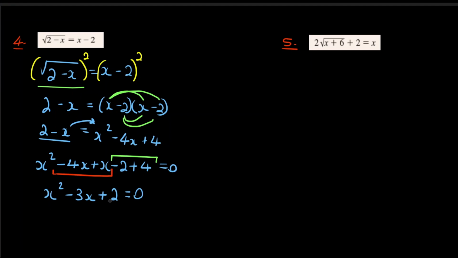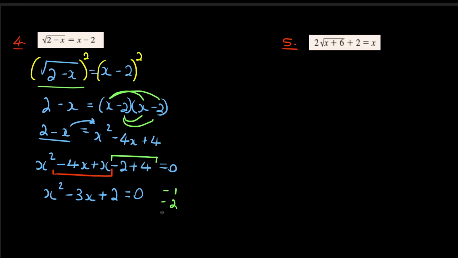Now we need to find the factors of 2 that you add or subtract to give negative 3, or multiply to give 2. Remember in the previous questions I said you must list the factors. The factors of 2 are 1 and 2. So we need to find the signs of 1 and 2 that will give us negative 3. And when you multiply them, they need to be positive. So that's another hint. We can make them negative and negative and see what we get.